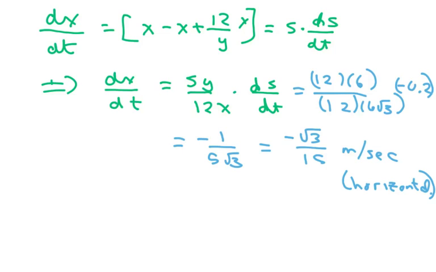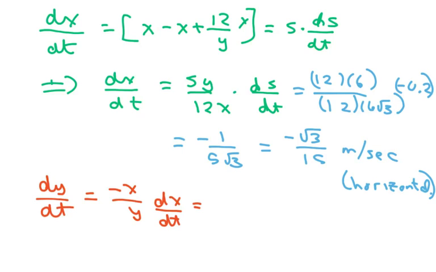Alright, now for the vertical, we get the y part. That's negative x over y times the derivative of x with respect to t, and you just plug everything in. My x is 6 square root of 3, so it's negative 6 square root of 3 over my y, which equals negative square root of 3.